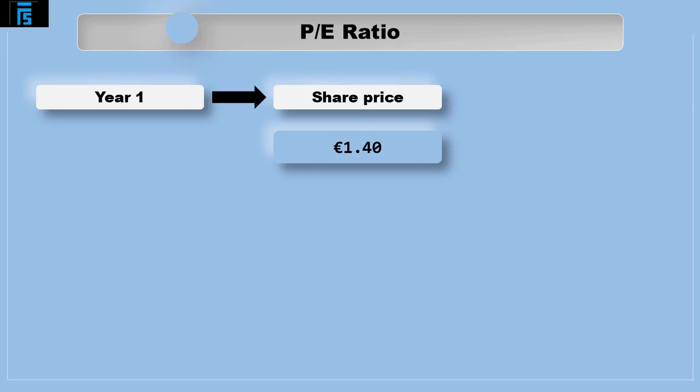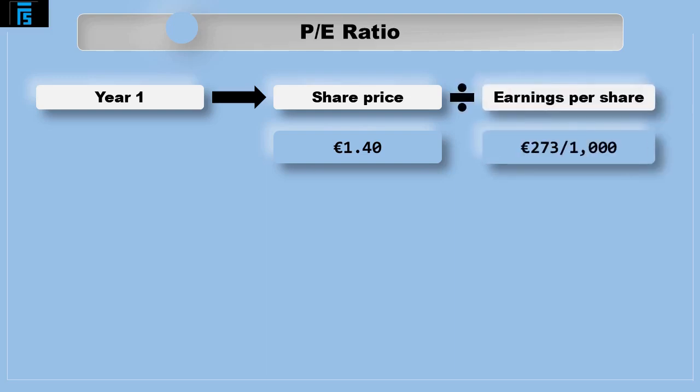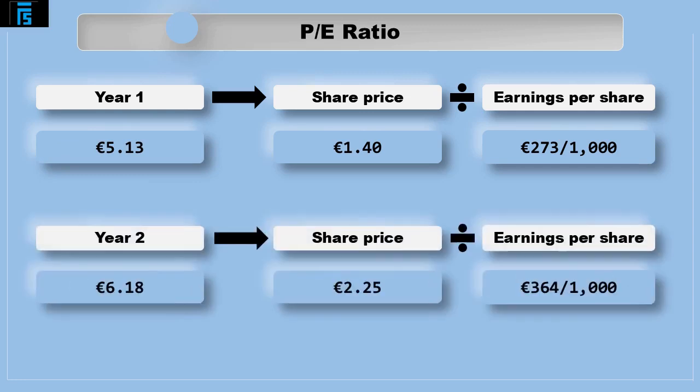So that's €273 divided by 1,000 shares, which yields a result of €5.13. The same ratio computed in respect of year 2 comes in at €6.18. Once again, this represents an improvement and is a reflection of increased shareholder confidence in the company.